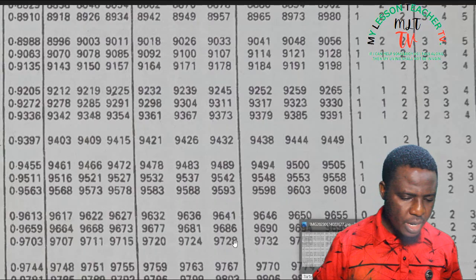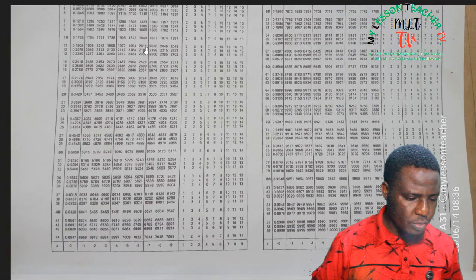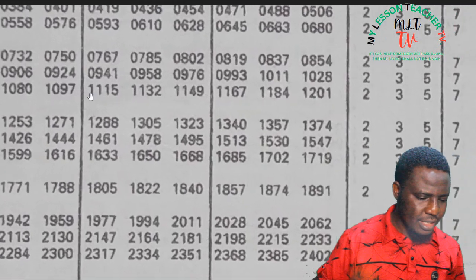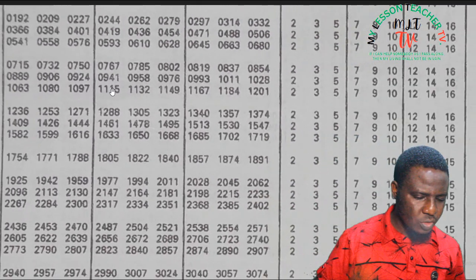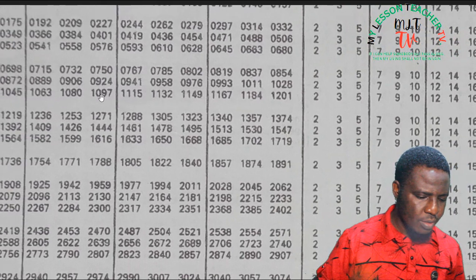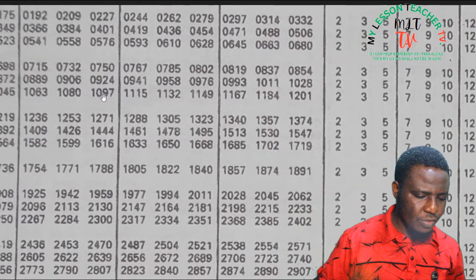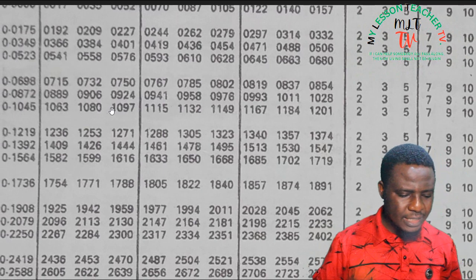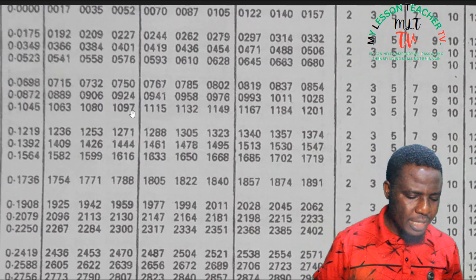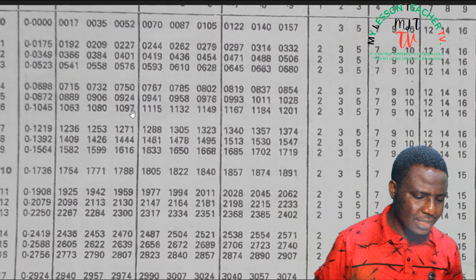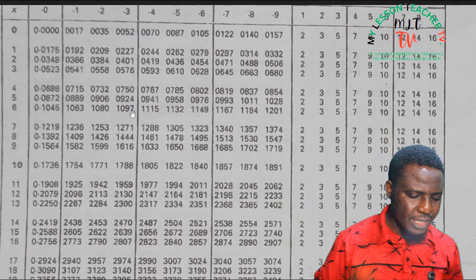And for G, we have 0.1111. You go back and search for 1111. So I have 1115. There is no 1111, but the closest to 1111 is 1097, and all I need to add to 1097 to give me 1111 should be 14.